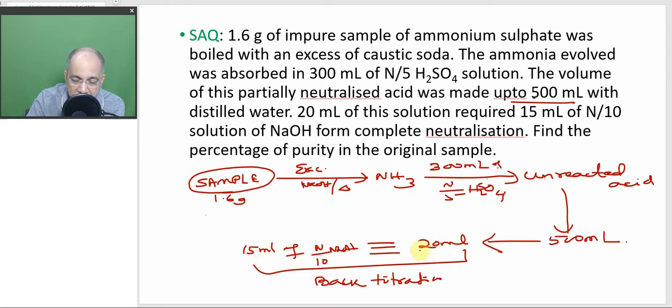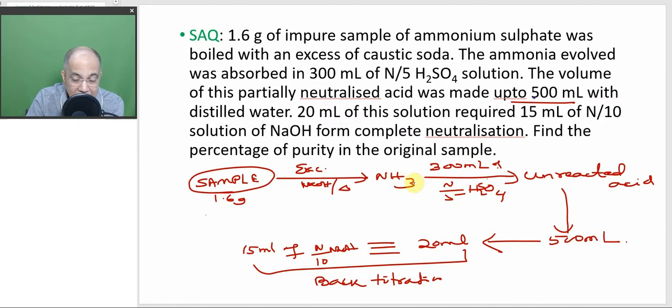Once you know the normality, that normality is the normality of the entire stock solution, 500 ml. Then 500 into that will give you the number of milliequivalents of unreacted acid. Now you know the milliequivalents of acid initially taken before ammonia reacted; that will be known from the product of these two. Subtracting whatever is unreacted, you get the MEQ of sulfuric acid consumed by ammonia.